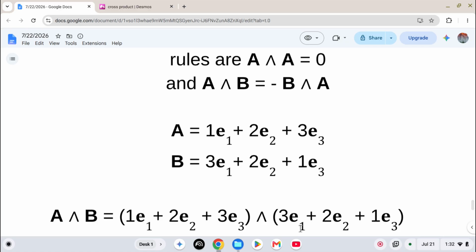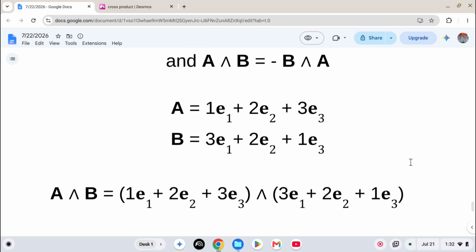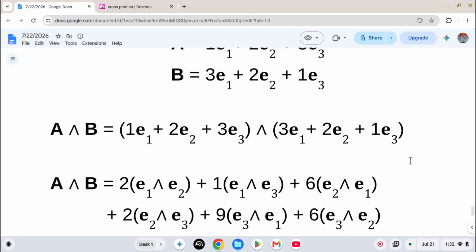E1 wedge E1 is 0. Anything wedged with itself is 0. So we should get 9 terms. We're only going to get 6. So we got E1 wedge E2, E1 wedge E3, E2 wedge E1, E2 wedge E3, E3 wedge E1, E3 wedge E2. That's what all this is.